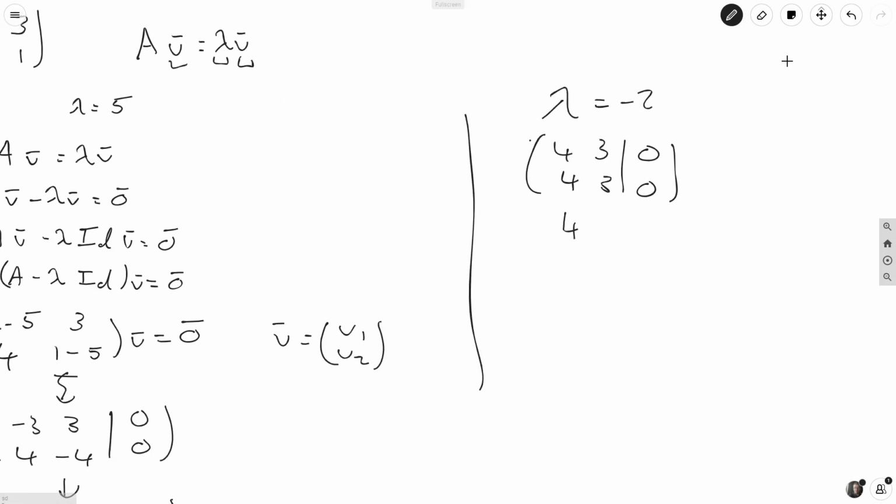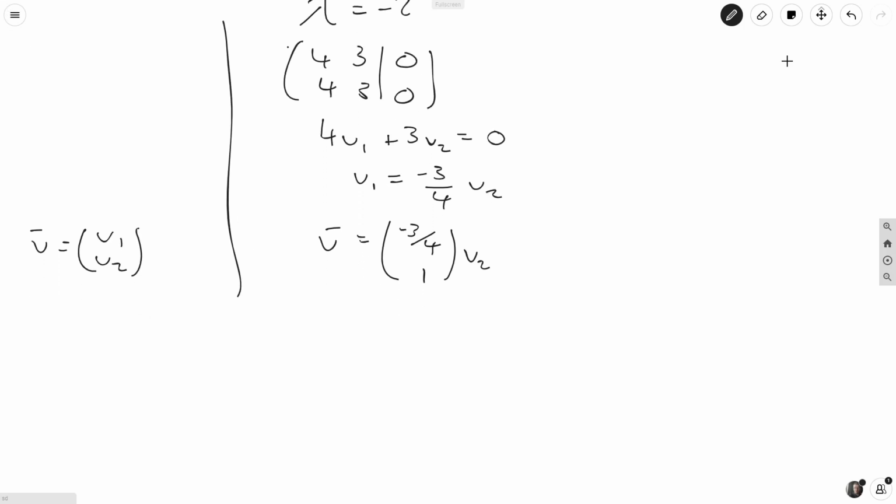And this just becomes 4v1 plus 3v2 is equal to 0. So v1 will be given by minus 3 over 4 v2. So therefore v would be equal to minus 3 over 4, 1 times v2.